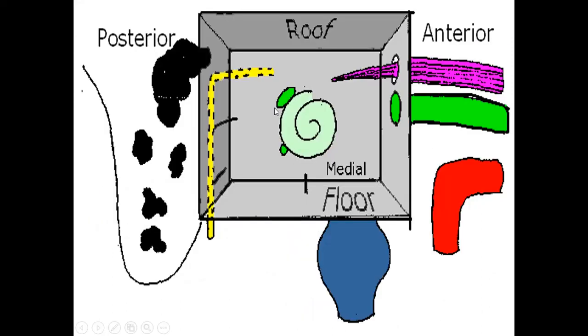So here is the cuboid of the middle ear cavity, having the roof, the floor, the anterior wall, the posterior wall, the medial wall, and the lateral wall which is formed by the tympanic membrane. The anterior wall has an opening and a canal for the tensor tympani muscle, an opening for the eustachian tube, and a bone which separates the middle ear cavity from the internal carotid artery. The floor separates it from the jugular bulb, the roof separates the middle ear cavity from the middle cranial fossa.